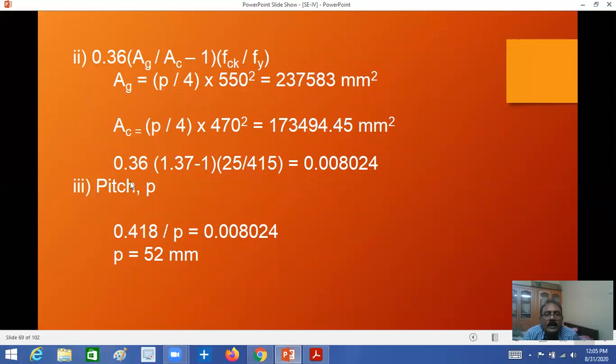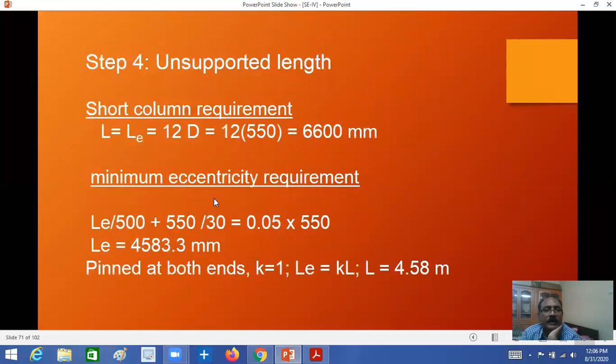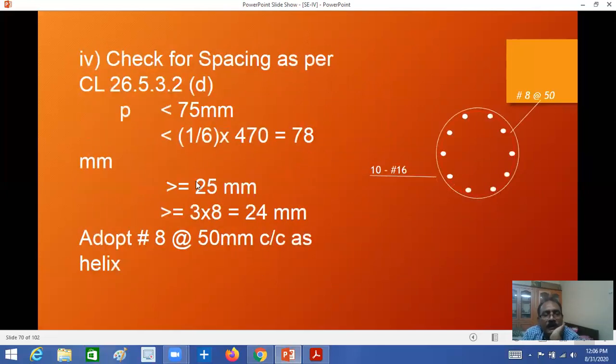So pitch is calculated from this equation. So pitch of the area you can calculate as 52 mm. Now check spacing. As per code, P should be less than 75 mm and less than 1/6 of 470 mm, 78 mm, and it should be greater than 25 mm and greater than 3 times the bar diameter of the 8 mm bar, 20 mm.